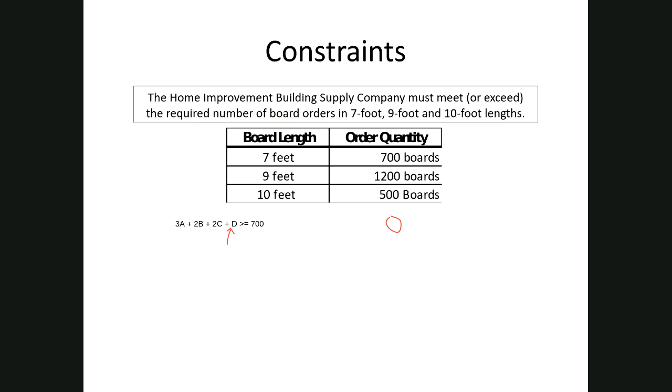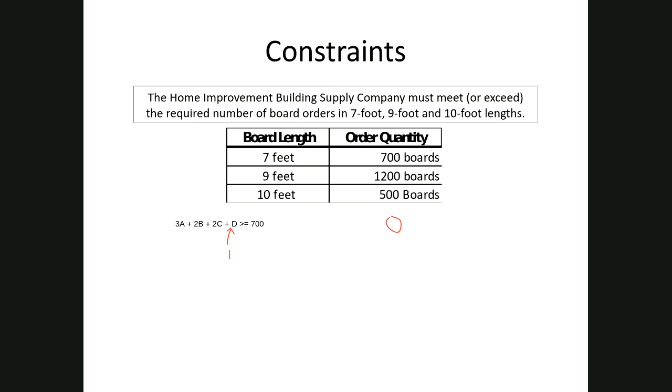And so we don't necessarily have to include that coefficient because it's understood that 1 times D is in fact D. So that's our constraint for our 7-foot boards. And we're going to construct the same situation for our 9-foot boards.